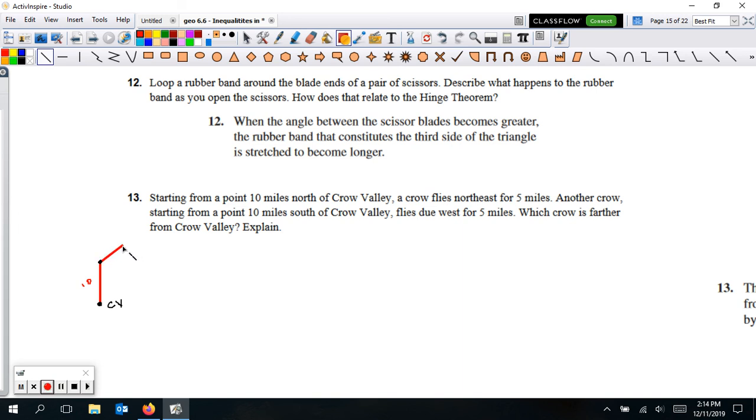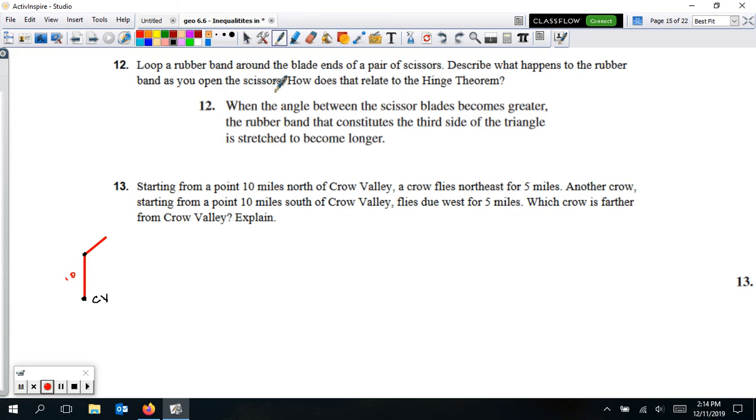It's about a 45-degree angle, and I'll go about half of what I have there because it's 5 miles. So maybe right about there. And we'll put that point down, as that's where crow number 1 is. So crow 1 is right there.